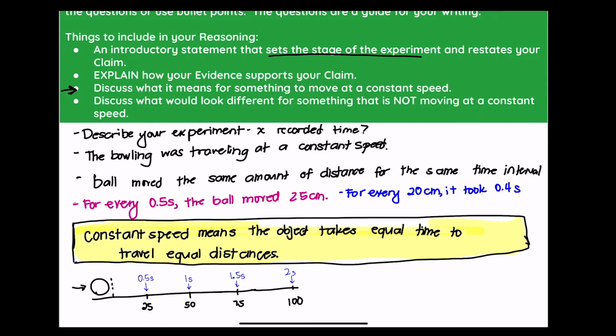So the example of it not going at a constant speed might be this could be 10, then this can be right. And so then at half a second, it started off here. Then at 1 second, it was found at the 30. And then at 1.5 seconds, it was found at the 60. So then here we have equal spaces and equal time intervals. And here we don't have equal spaces, even though we have equal time intervals. All right, so then this would show that it's not moving at a constant speed.